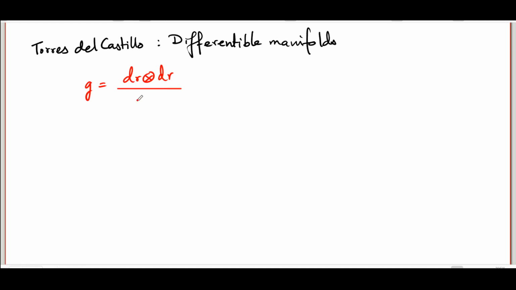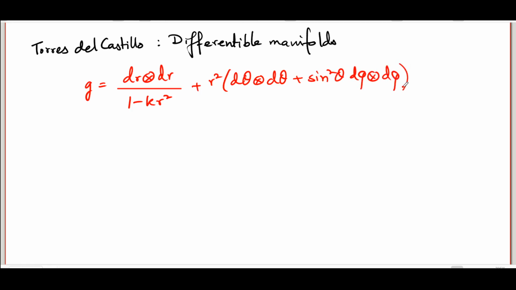It's given by this. Physicists would be more familiar with this in the following form: ds square is g mu nu dx mu dx nu, which in this case is dr square by 1 minus kr square plus r square d theta square plus r square sine square theta d phi square.